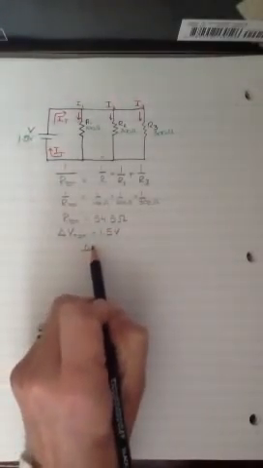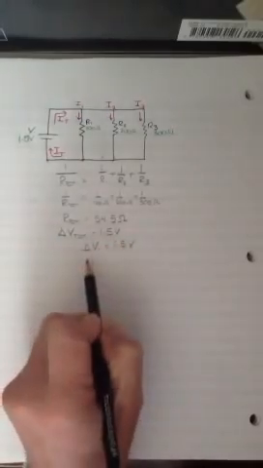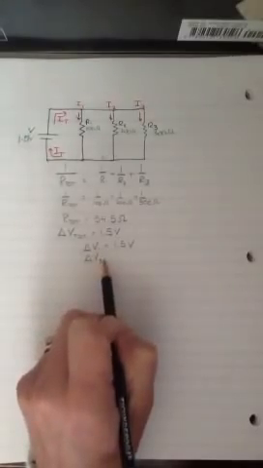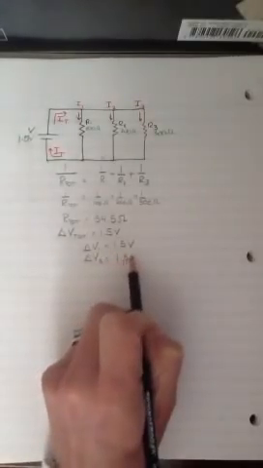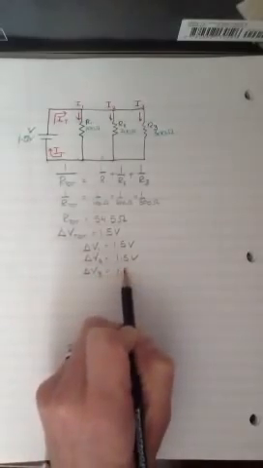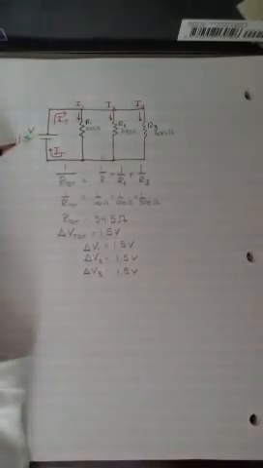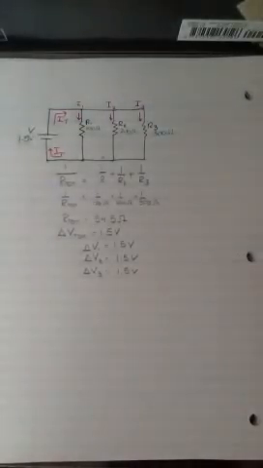The voltage drop through resistor 1, 1.5 volts. This is because each end of resistor 1, 2, and 3 are connected directly to the terminals of the battery that have a voltage of 1.5 volts.